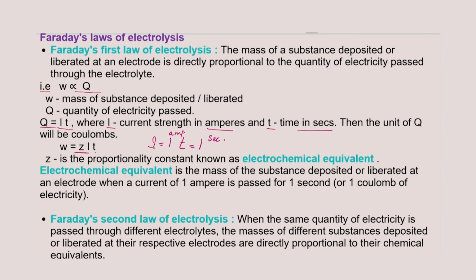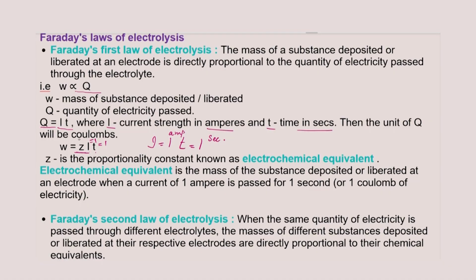Here, if these two are unity, naturally W will be equal to Z, and this Z can be defined as the amount of substance deposited or liberated when a quantity of current of 1 coulomb is passed, or you can say 1 ampere of current strength for 1 second.